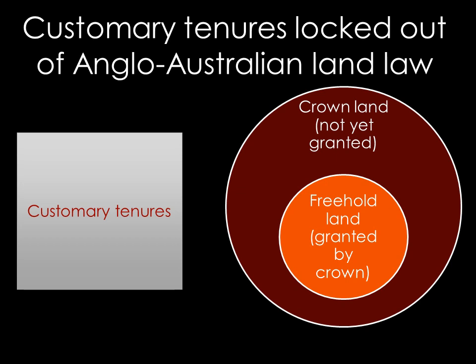Land was Crown land. All of the land was Crown land. Some of it had not yet been the subject of a grant, so it wasn't owned by, say, a private citizen, but some of it had already been granted by the Crown, and once it's granted by the Crown it becomes freehold land, but the Crown still owns the underlying title.